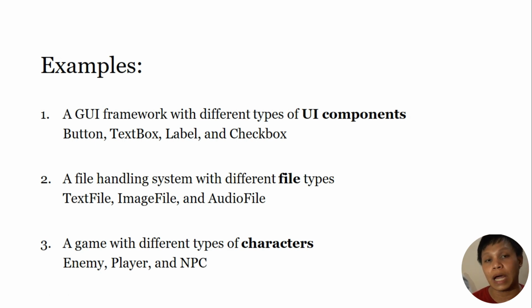Let's say attack kanina, o pwede din move. But let's say for example sa enemy, iba yung attack niya kasi pag mag-attack siya, it deals -5 damage. Yung move niya pwedeng 2 squares. Yung player, when it comes sa attack, it deals -10 damage. Or sa move niya, iba din yung behavior.